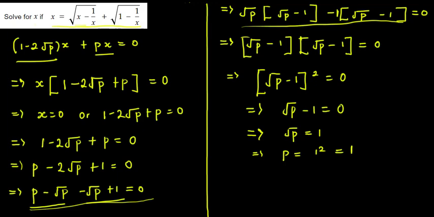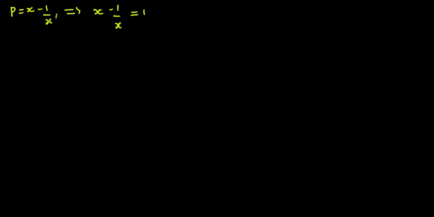So basically I found the value of p, and initially I said that p is equal to x minus 1 over x. So this implies that x minus 1 over x will be equal to 1.